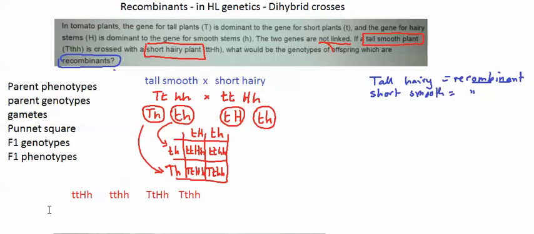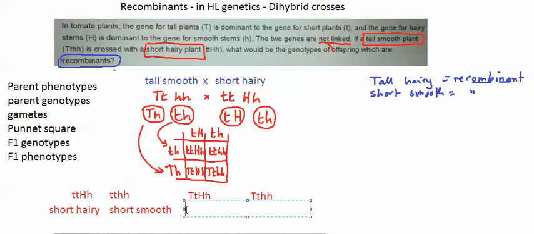So what we've got here on the left, if they're two small t's, it's going to be short, but it's going to be hairy because there's one capital H. Then we've got short and smooth. Then this one is tall and hairy. And this last one is tall and smooth.